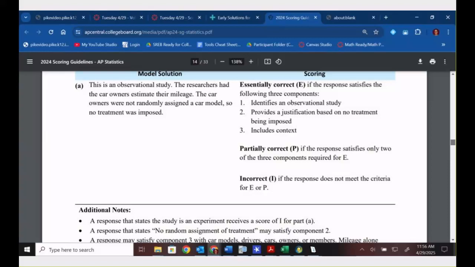And then they need to include context. So they need to talk about James and Model D cars and whatnot. If they have all 3 of those components, then please give them an E. If they have 2 of those components, then please give them a P. And if they don't have any of those components, then please give them an I.